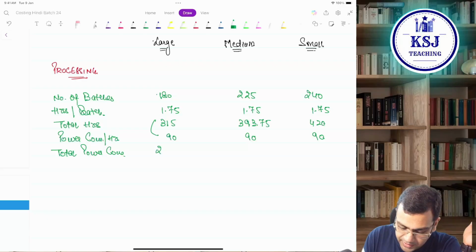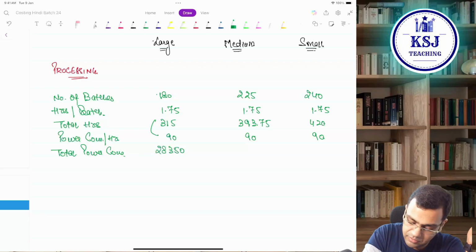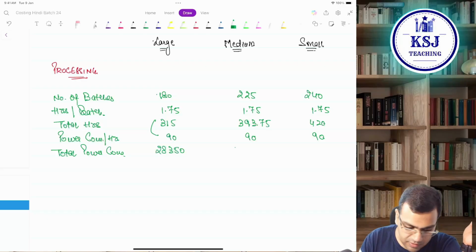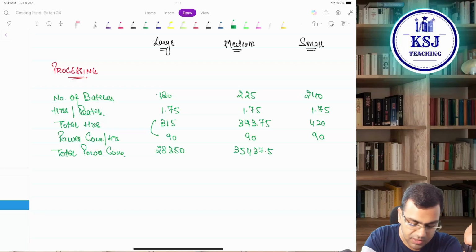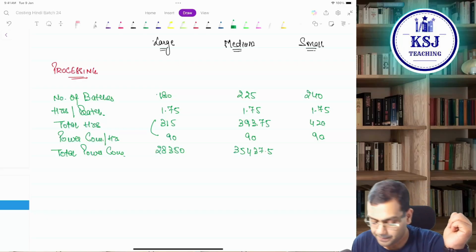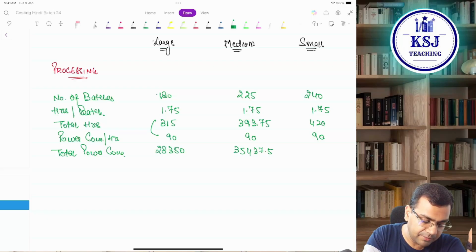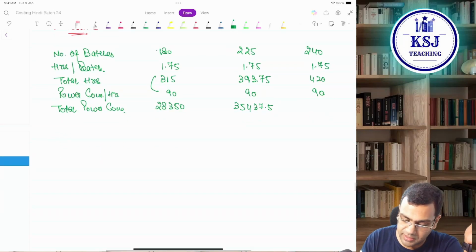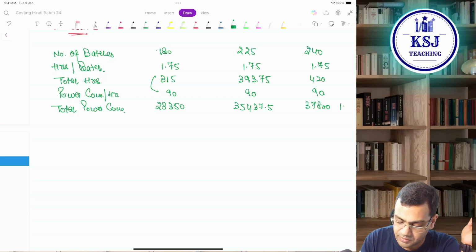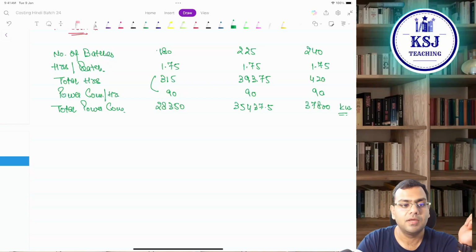That comes to 28,350 units. 393.75 multiplied by 90, that comes to 35,437.5 units. Then it is 420 multiplied by 90, that comes to 37,800 units. Kilowatt. This is kilowatts, right?